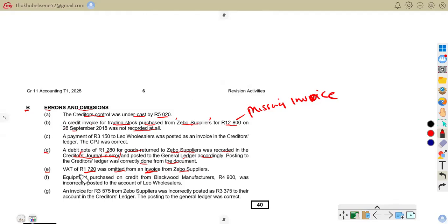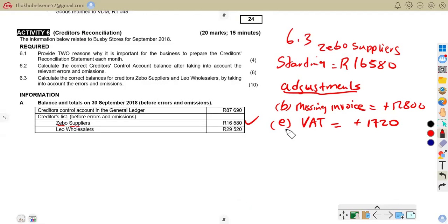F. We can see F doesn't affect the Zebo suppliers, but G is. An invoice of 3,575 from Zebo suppliers was incorrectly posted as 3,375 to their account in creditors list. So the posting to the general ledger was correct. So here we are to do what? It's a posting error. So that is G, wherever we're talking about the posting error. So with this posting error, we want the correct.